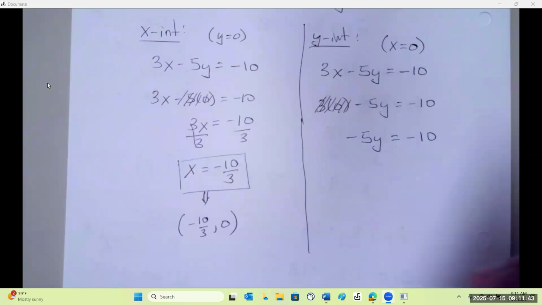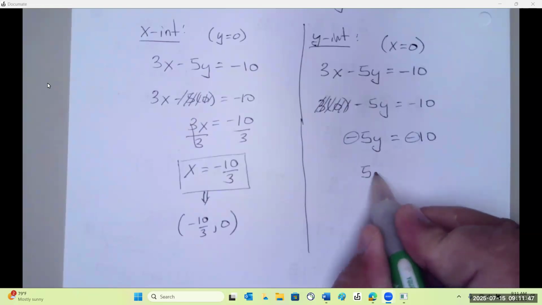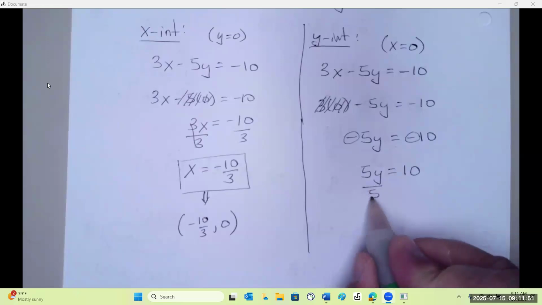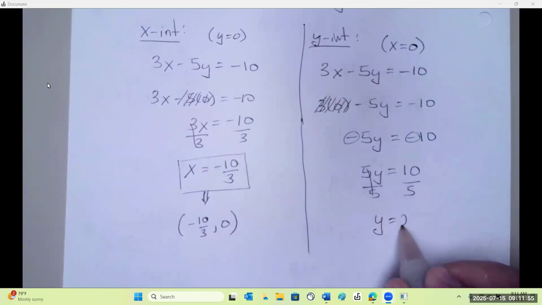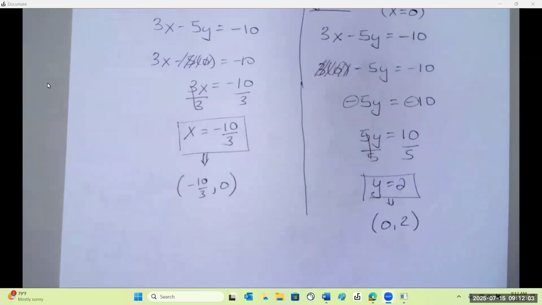We have to get rid of the negative, so just change the signs. And divide by 5. We can plot that one.